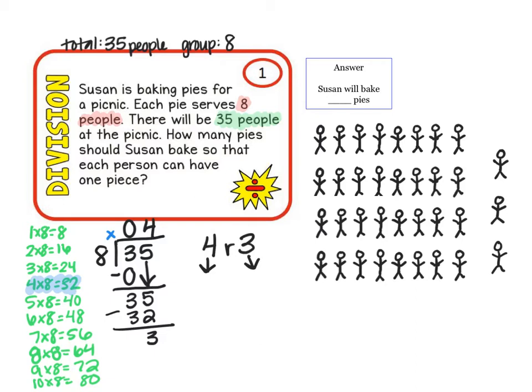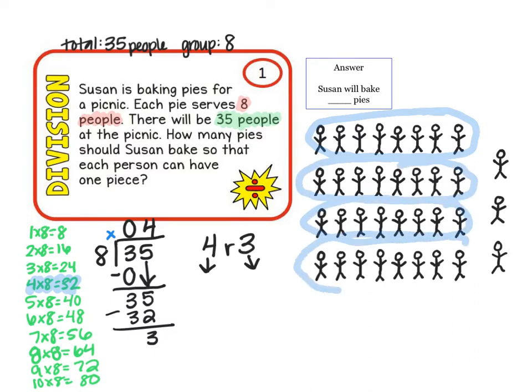So let's look at this illustration. I have 35 people. I can break those 35 people into groups of 8, or 1 pie. I have 1, 2, 3, 4 complete groups of 8. So I know I'll need at least 4 pies. But then I have these 3 extra people, and it wouldn't be fair to not include them.